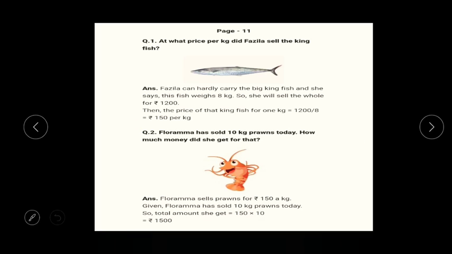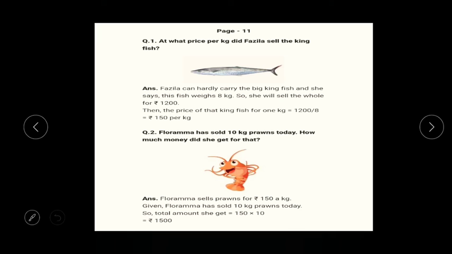Next question is, at what price per kg did Fazila sell the kingfish? Fazila can hardly carry the big kingfish and she says this fish weighs 8 kg.